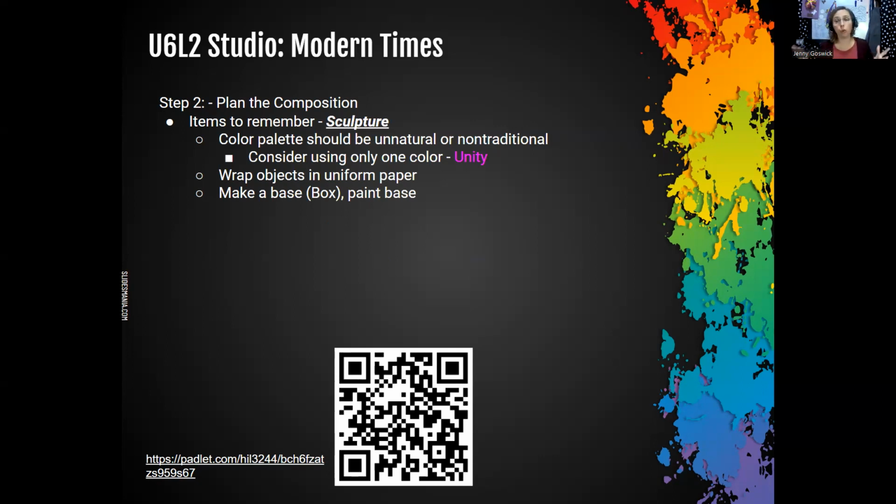So consider one color. The other way you can unify your sculpture is if you have a bunch of different types of objects, different materials, consider wrapping them in something like wrapping paper. If they're all the same wrapping paper, that can really unify the piece. So you have all this random stuff, unify it by wrapping them in one way.